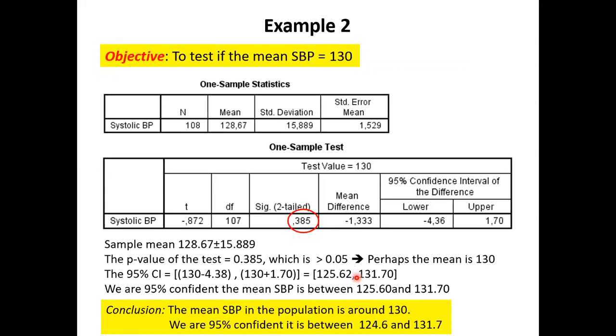So the conclusion: the mean SBP in the population is around 130. Don't say it is 130, it's about 130. And the confidence interval is between 124 and 131. That's my conclusion.